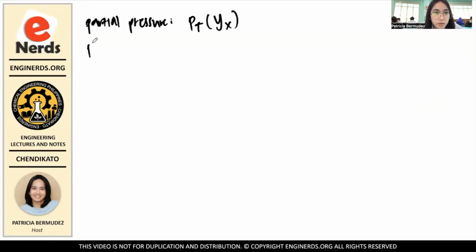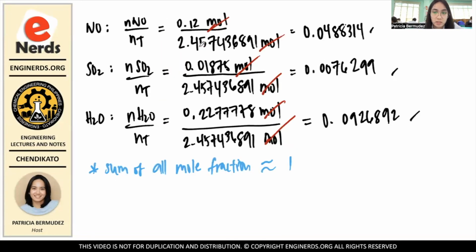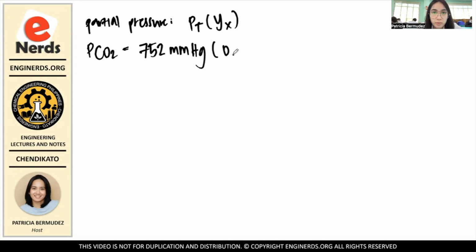So the partial pressure of carbon dioxide is equal to the total pressure, which is 752 millimeter mercury, times the mole fraction that we have found earlier, which is 0.8508496.